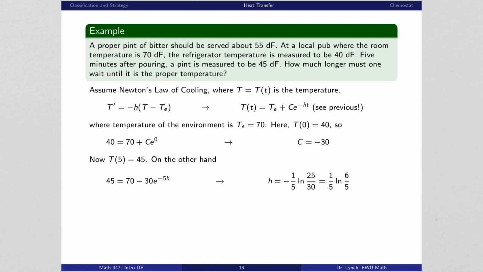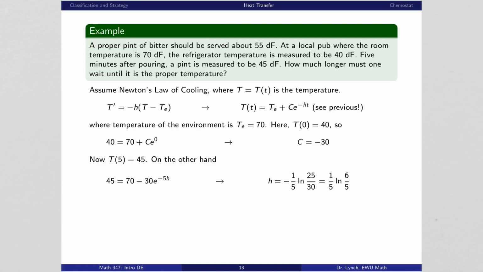So that quantity 70 minus 30 times e to the minus 5h is just our solution, capital T of t, where we've substituted in T sub e, C, and little t equals 5. So similar to our exponential decay problems, we can use properties of exponents and logarithms to identify the constant h, which turns out to be 1/5 times the log of 6/5.